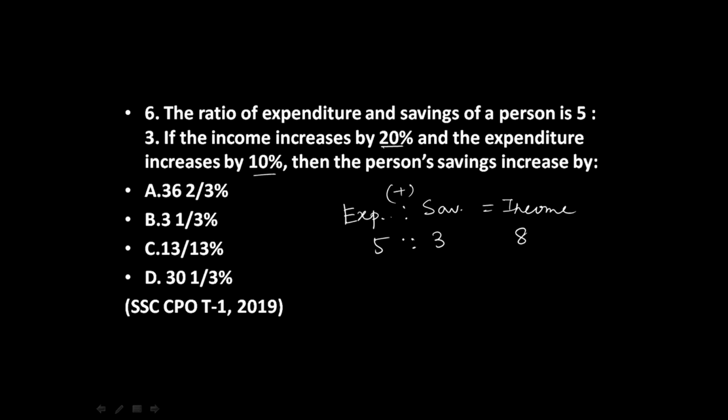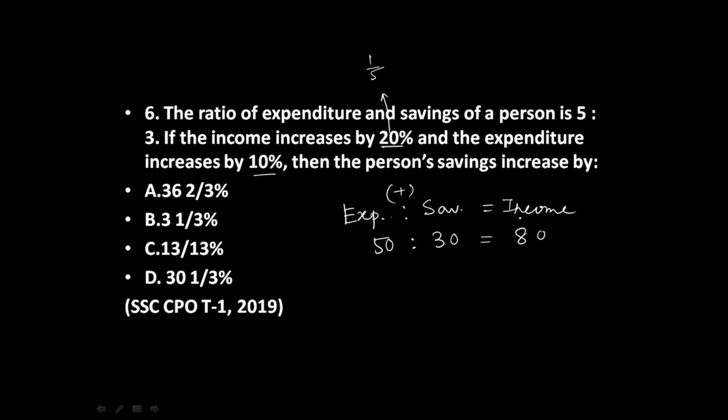Okay, it says that the income increases by 20%, so for the betterment of the calculation we can assume it as 50, 30 and 80, right? So it says the income increases by 20%. What's the 20%? What we have learned, 20% means 1 by 5.